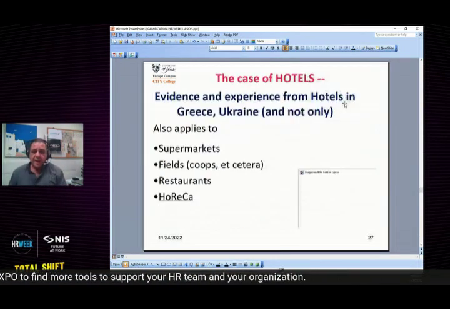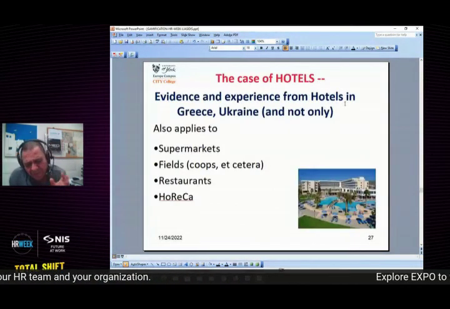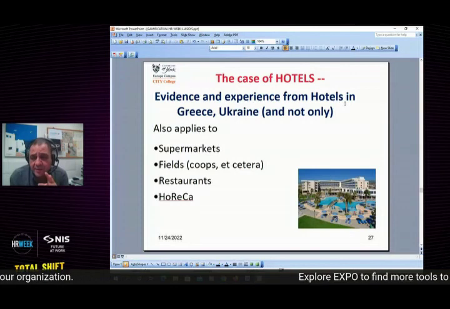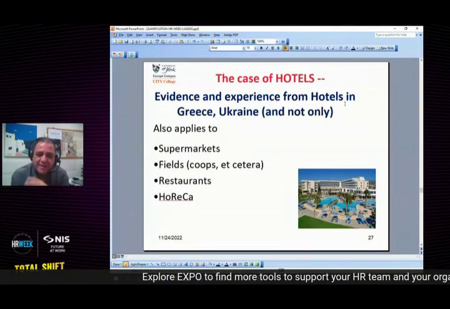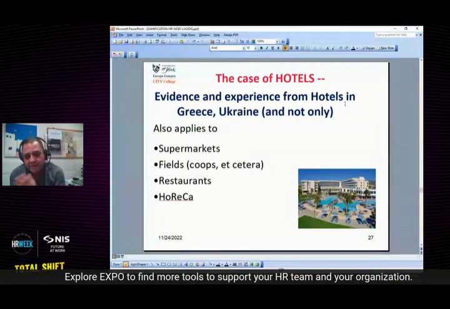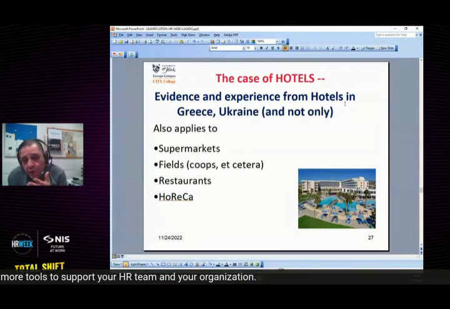So we tried gamification, basically in 5 resort hotels. And as you can see, they were based in Greece, Cyprus, and Ukraine. And this seasonality aspect works very, very well in the hotel environment.